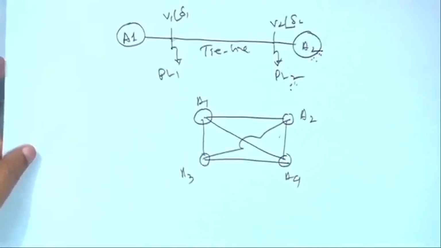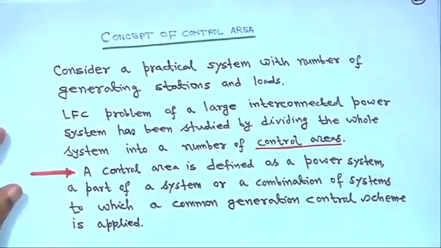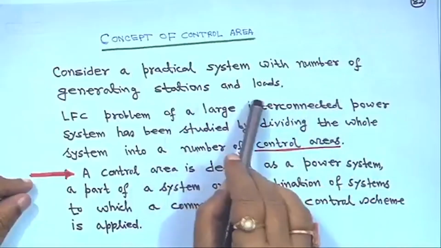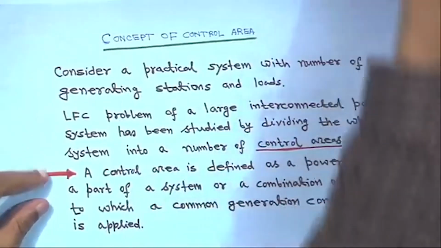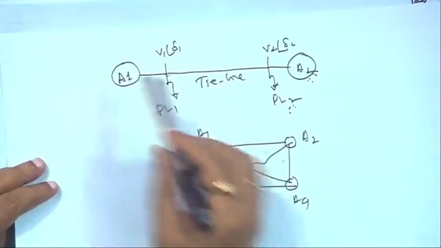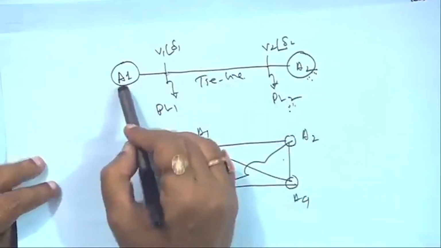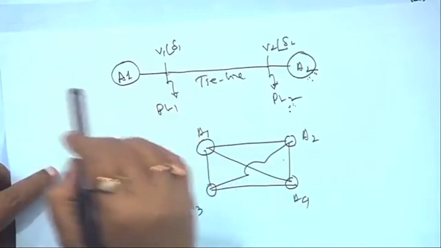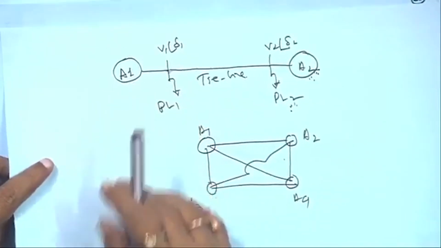In that case, as I told you, whether it is 2 area or 3 area, the concept of control area comes. Consider a practical system with a number of generating stations and loads. This is area 1, this is area 2. It is a huge power system with many generators.